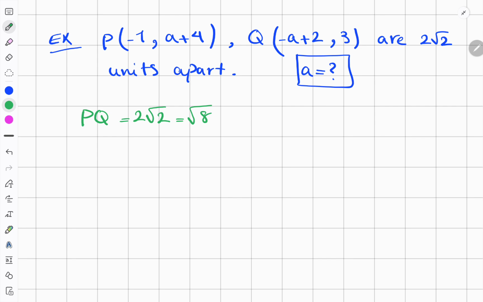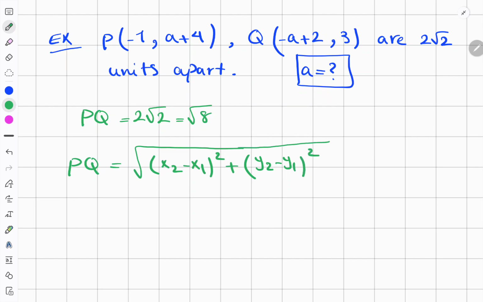Okay, how can we find the value of A? So I'm going to use the formula PQ equals the square root of the difference of x's squared plus the square of the difference of y's.